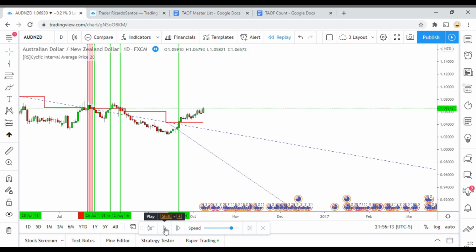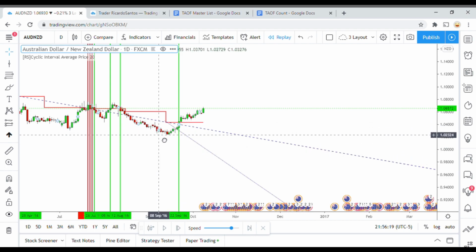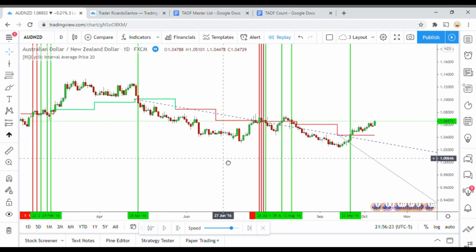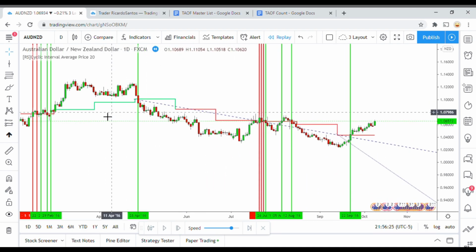They don't seem to work like a traditional trend line necessarily.